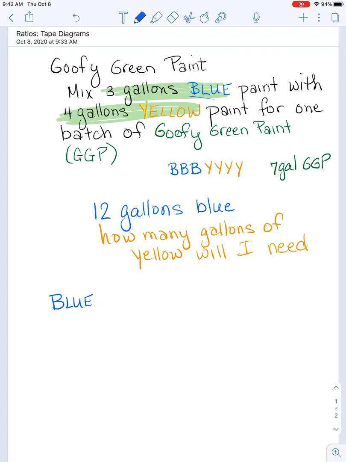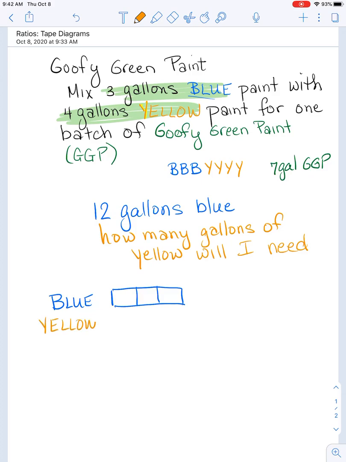So it looks like over here that I need 3 gallons of blue. Okay, instead of writing 3 B's, I'm going to make 3 boxes in my tape diagram. And the 3 boxes should look as identical as you can possibly make them. Okay, and so that's the blue. And if you look back at the ratio, you will see that we need 4 gallons of yellow.